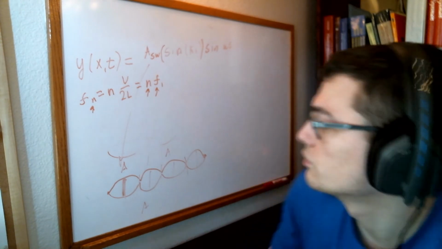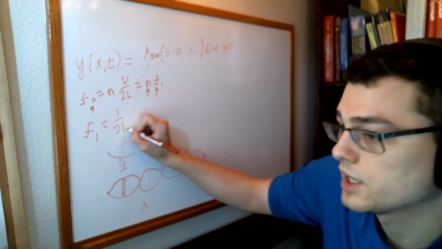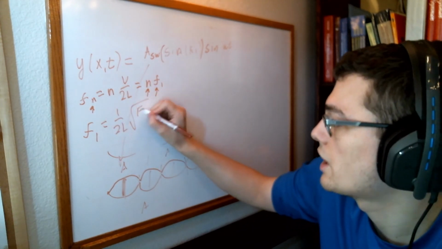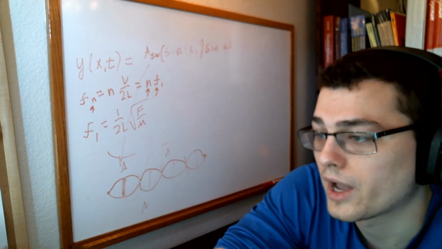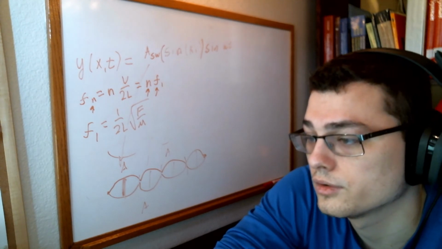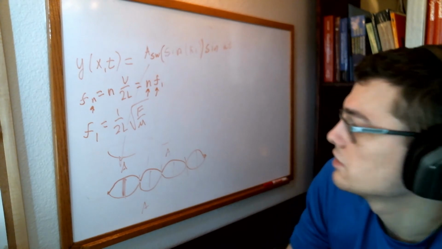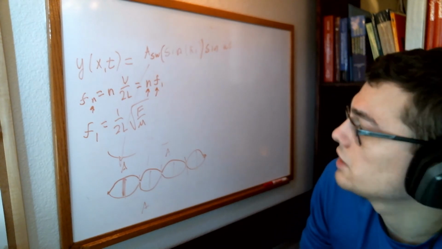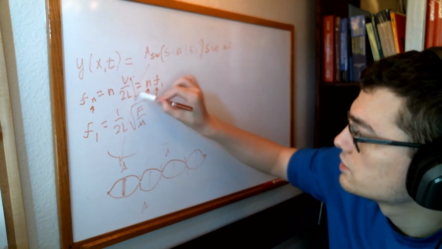And so then we can say that f1 is going to be equal to 1 over 2L times the square root of F over mu. You can go back and see that for waves on a string this quantity is our velocity, and this is how we get from here to here.